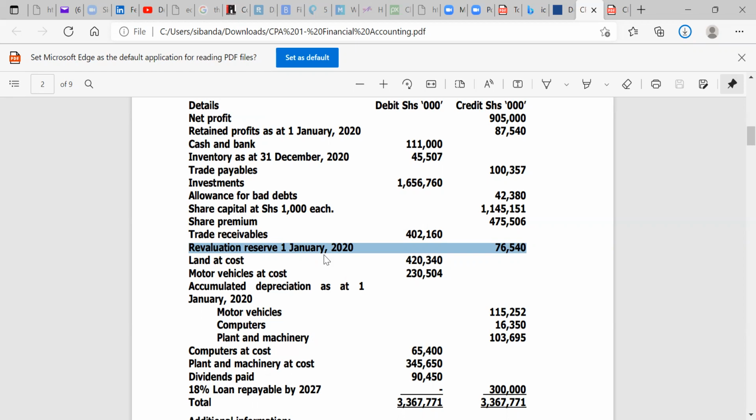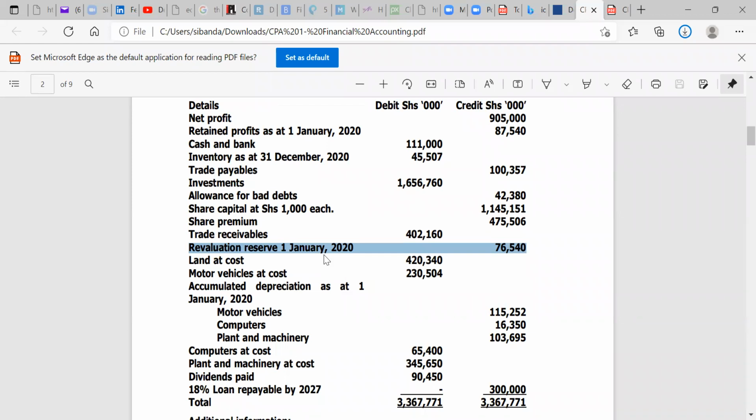So we revalue our assets to make sure that the value we represent them on the balance sheet or statement of financial position depicts the actual value they are in reality. So that is very important, that when you see land worth 2 million, it should be valued really at 2 million when you visit the land.